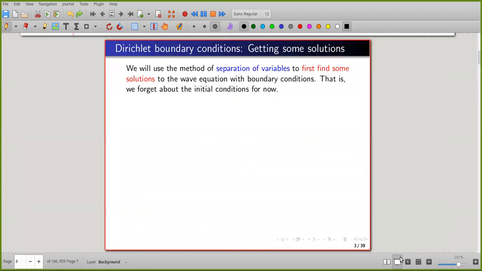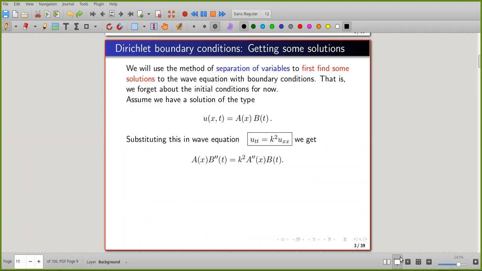We will use the method of separation of variables to first find some solutions to the wave equation with boundary conditions. We forget about the initial conditions for now. So we assume we have a solution of the type u(x, t) is equal to A(x) into B(t). Substituting this into the wave equation, u_tt is equal to k square u_xx, we get this. That's immediate.